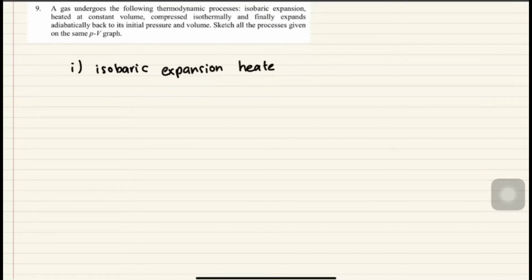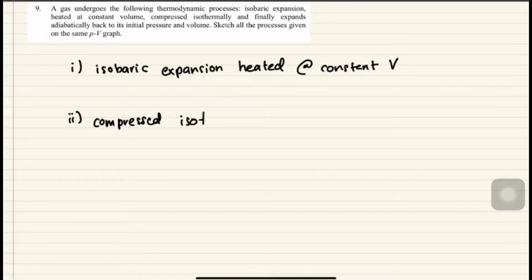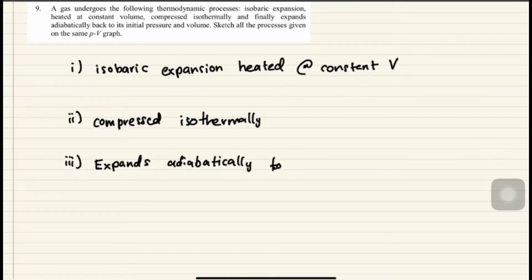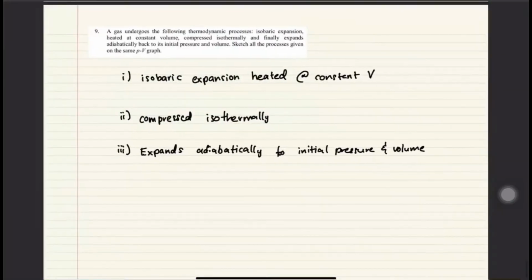Heated at constant V. Okay, number 2 dia kata compress isothermally, and finally expand adiabatically to initial pressure and volume. Okay, so basically you want to draw a PV graph.